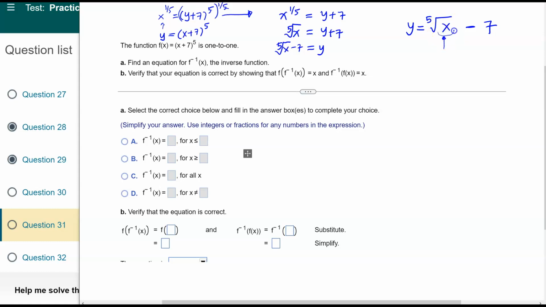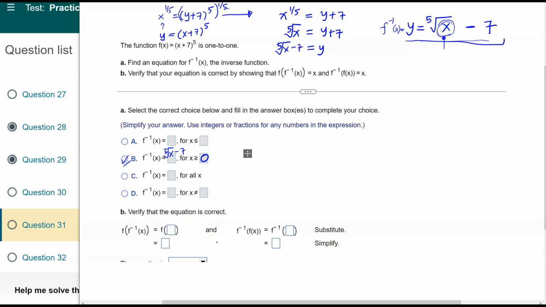This expression is only true when x is greater than or equal to 0. You look at the domain of the resulting expression, your inverse. Okay, and then you just type in here that expression, the fifth root of x minus 7. That would be the answer for letter B. And then verify that the equation is correct.